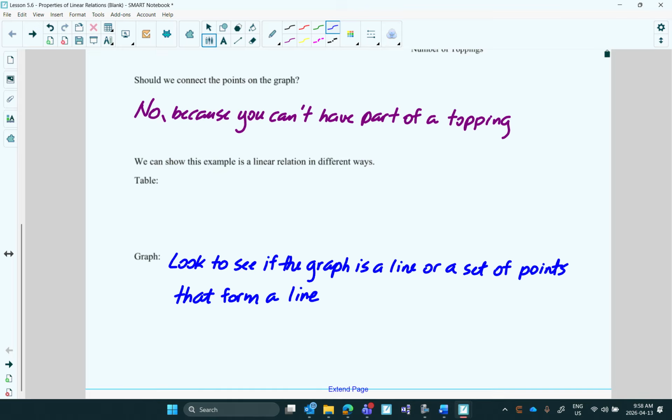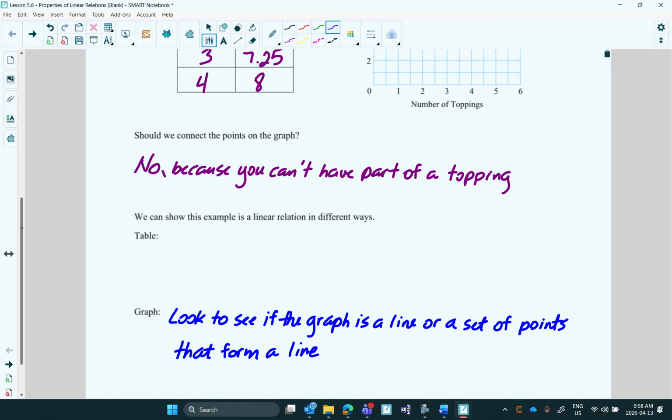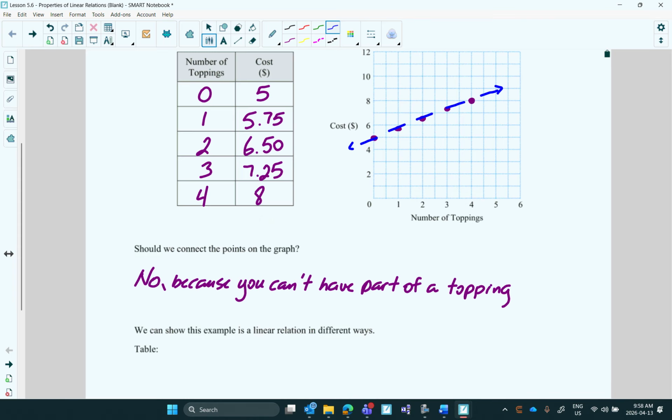But what if you were only given the table? Well, you could graph it and then see. But pretend we didn't have the graph. How could we tell from just a table if it's linear? Any ideas? We did talk about this last year a little bit. How much am I going up by in number of toppings every time? One. Okay.